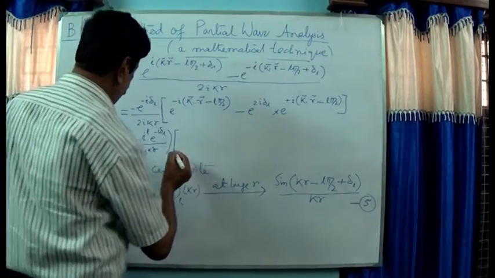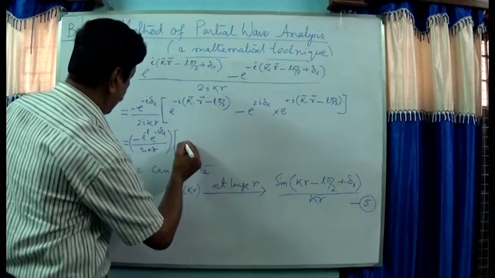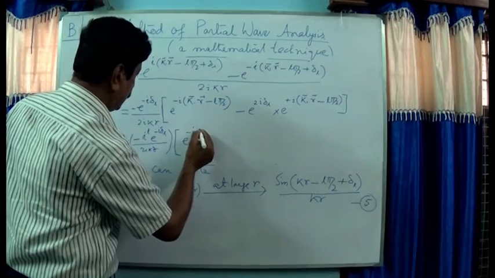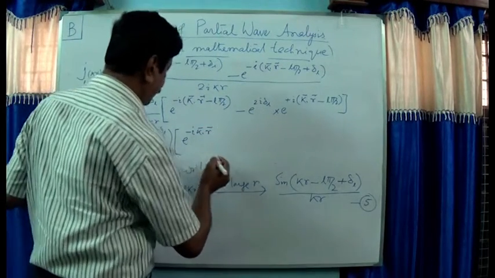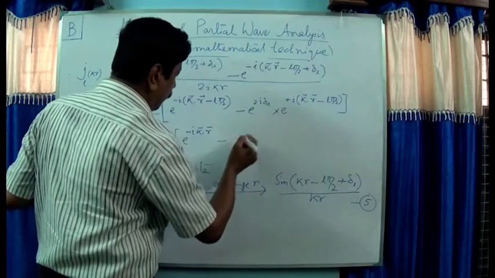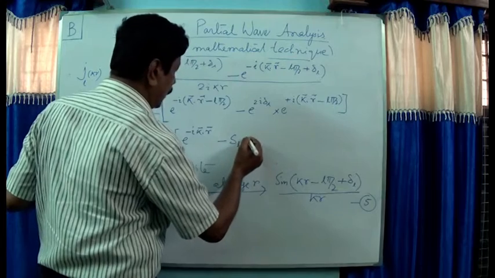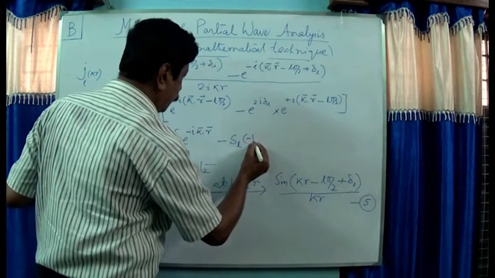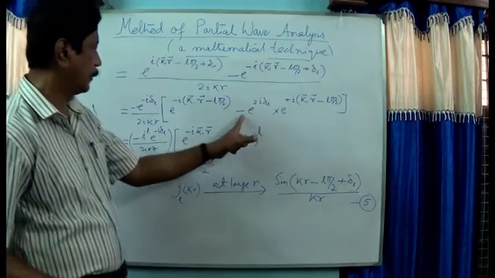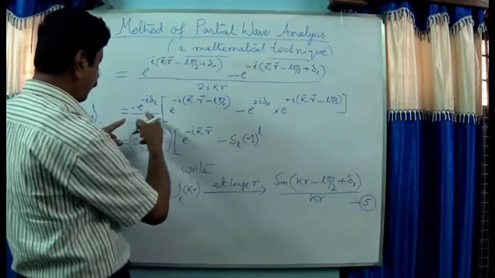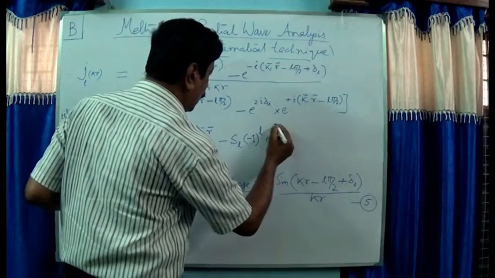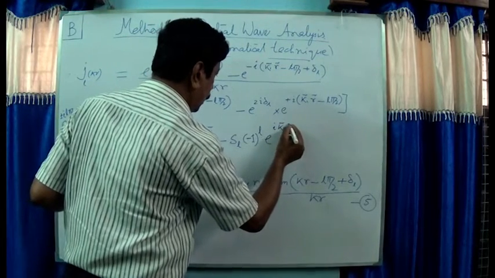So the remaining terms are e to the power minus i k·r minus, let us rewrite this term as SL into minus 1 to the power L, because of this factor as we have taken common, into e to the power i kr.